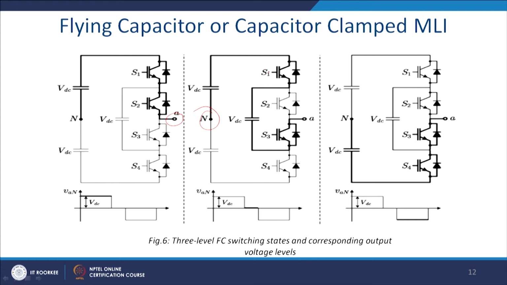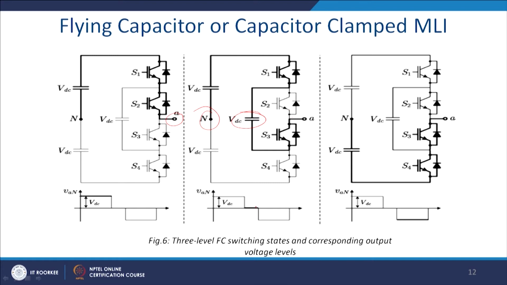Then you will connect S1 and S3, as these two switches are complementary, and ultimately the capacitor takes all the voltage. So, this voltage becomes VDC.